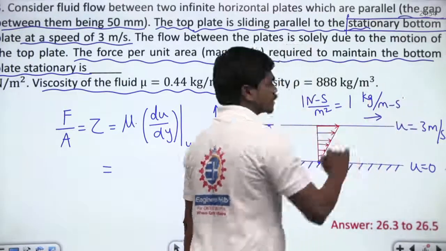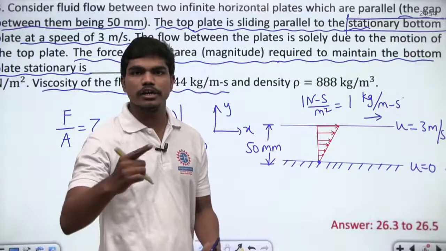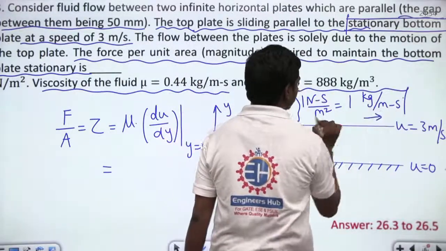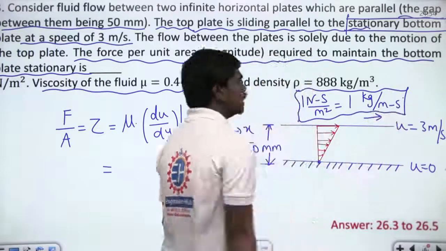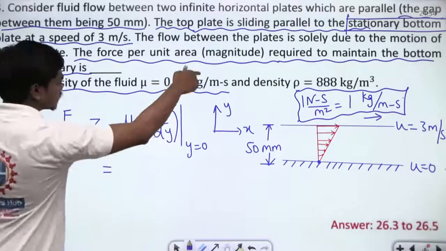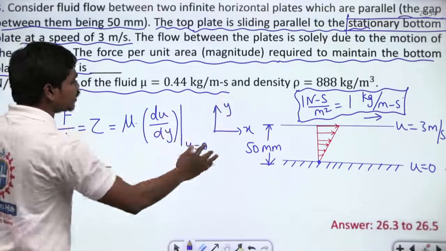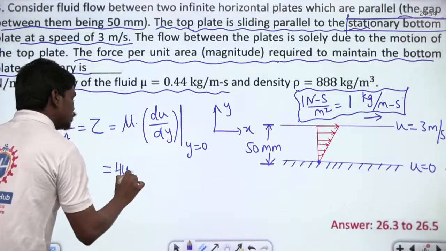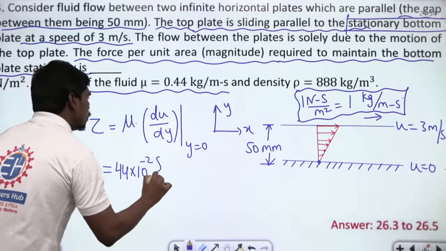I have shown you this conversion. Do you all remember? During the conversion of units of dynamic viscosity, I showed you that the SI unit of dynamic viscosity is nothing but 1 kg per meter second. Correct? Since this is in SI units, the value doesn't change, so we can directly substitute 0.44. That is nothing but 44 into 10 to the power minus 2 into du by dy.